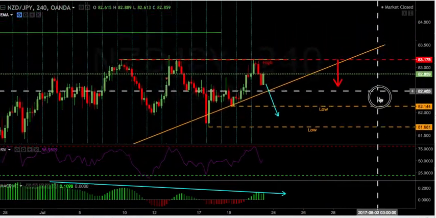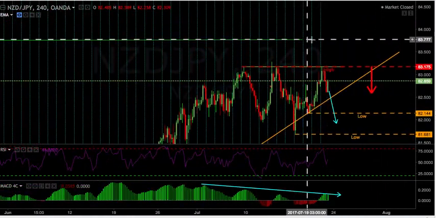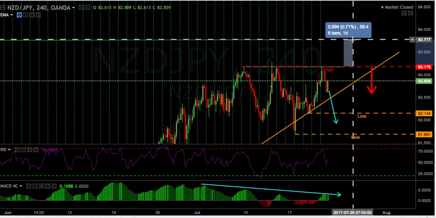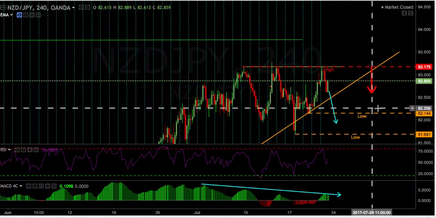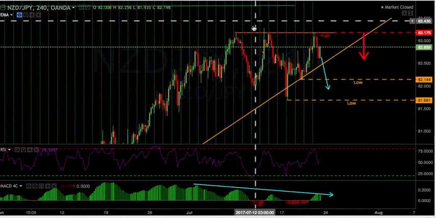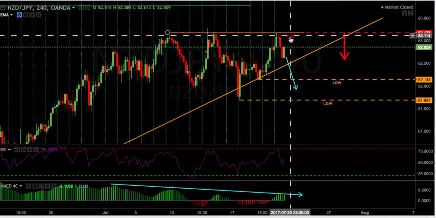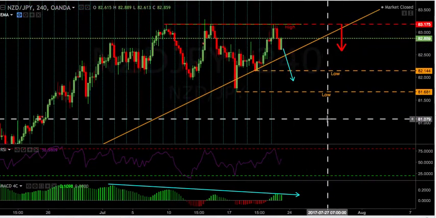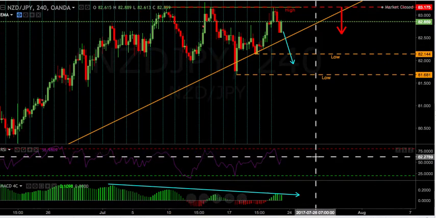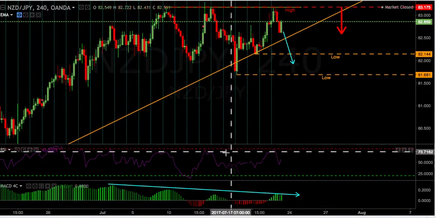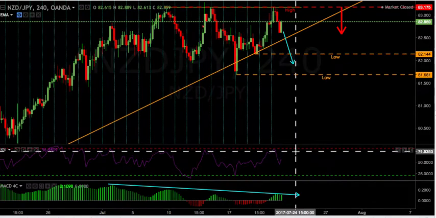Next high we have is up here, only 60 pips away, but price can't climb any higher. So this is our high, and we're expecting the price to break bearish. We got MACD divergence. We've been overbought, and we're just anticipating that move down.